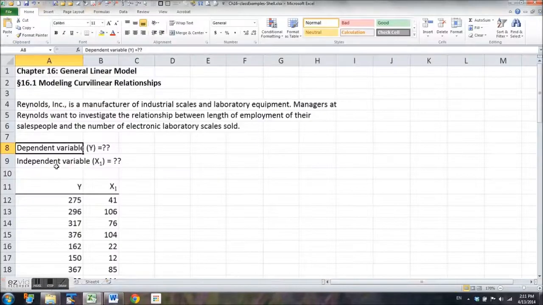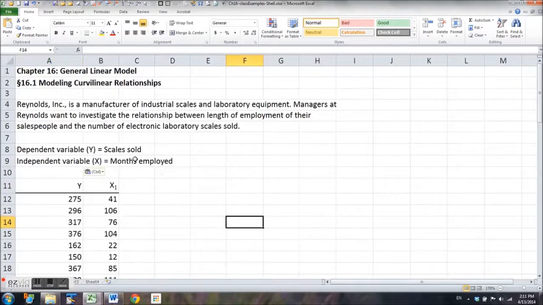Okay. So in this example, our dependent variable is sales, and the independent variable is the number of months of employment.